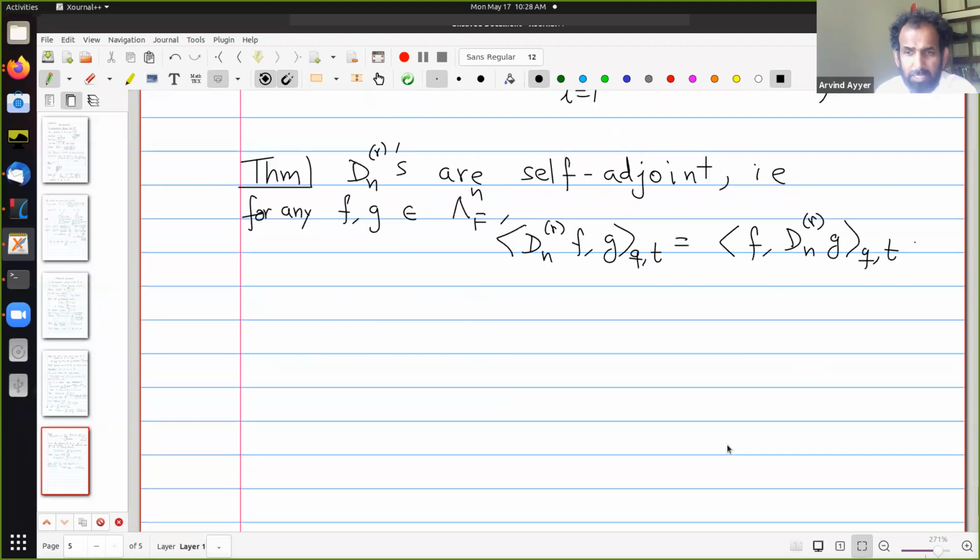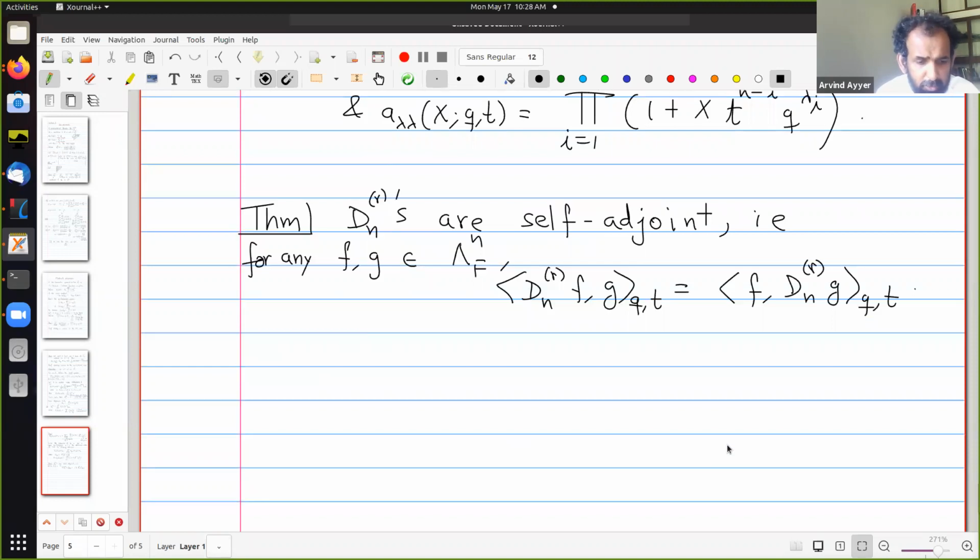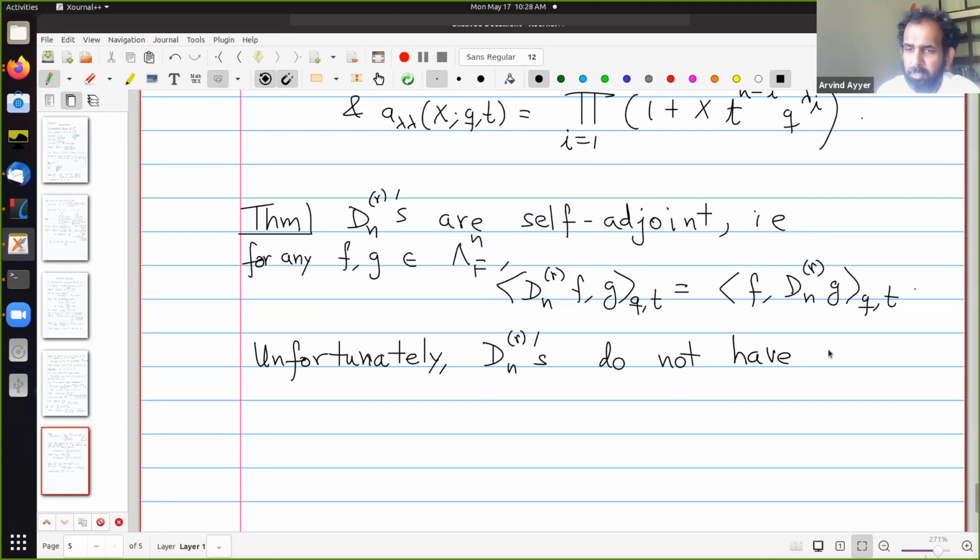Okay, but there is a certain problem with these operators. Unfortunately, the D_n^r's do not have the same stability property that I mentioned earlier.